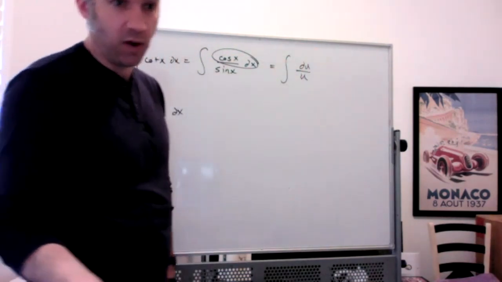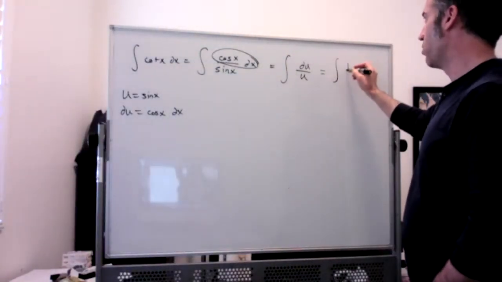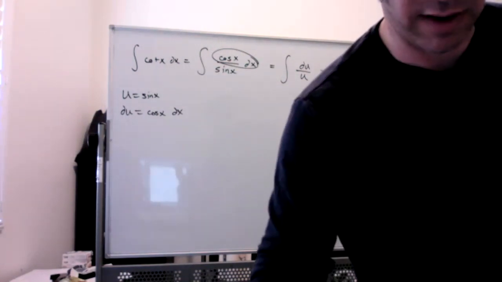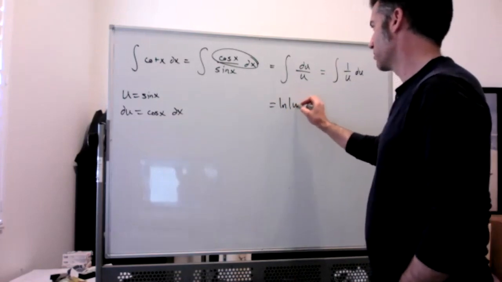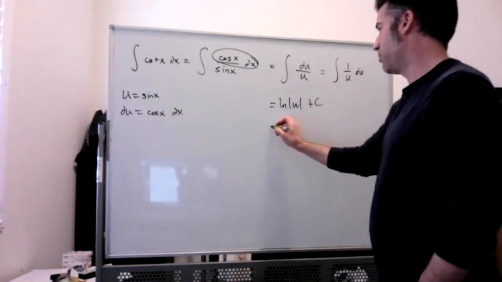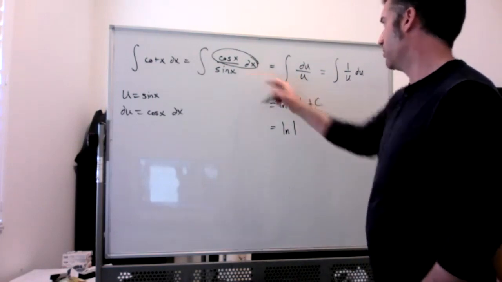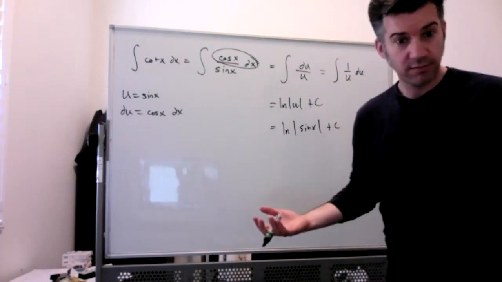Just like before, the integral of du over u, or if you prefer, the integral of 1 over u du, equals the natural log of the absolute value of u plus c. Then plug back in what u is: the natural log of the absolute value of sine of x. Done.